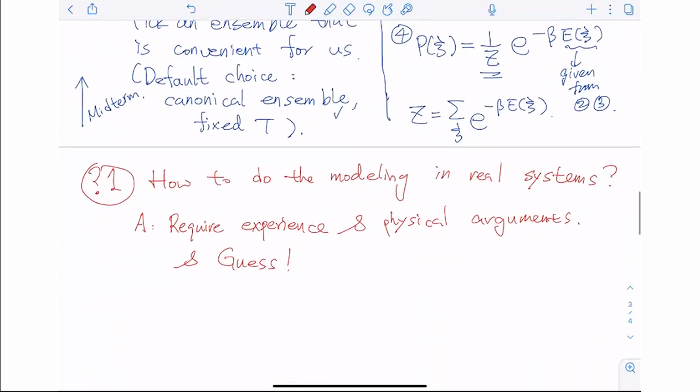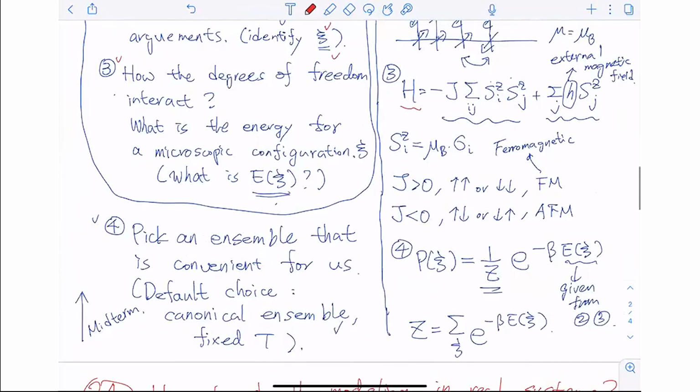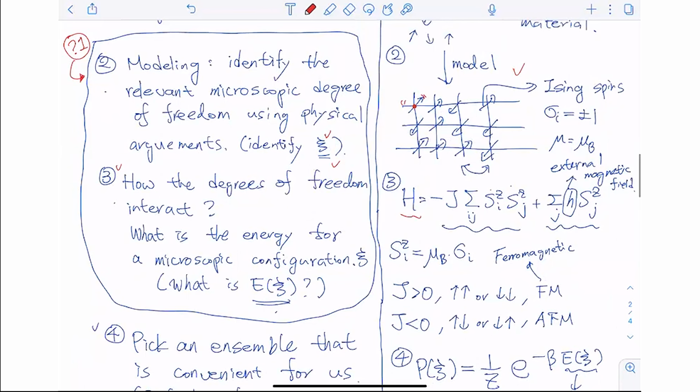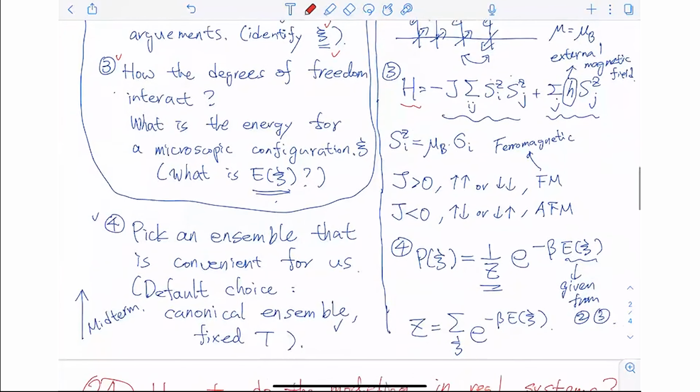So what usually happens is that you start from a simplest guess, and then you make some predictions, and some of the predictions are wrong, then you include other ingredients and modify your model and iterate this process until you are able to make some physically sensible predictions and compare with the experiments.